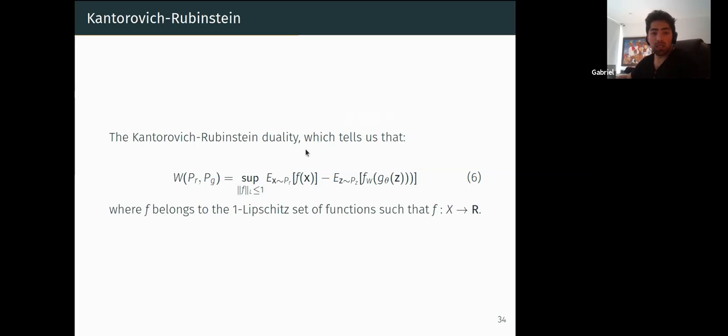At this point, the discriminator is gone, and we add a function f that is a Lipschitz function.